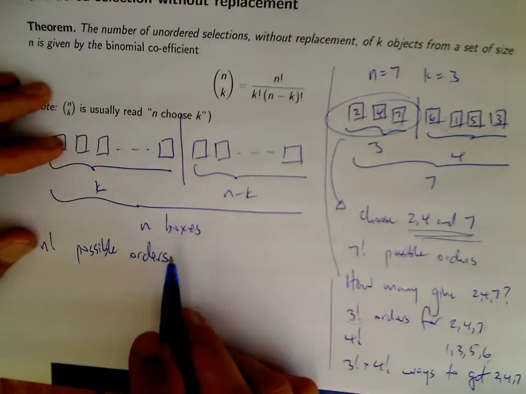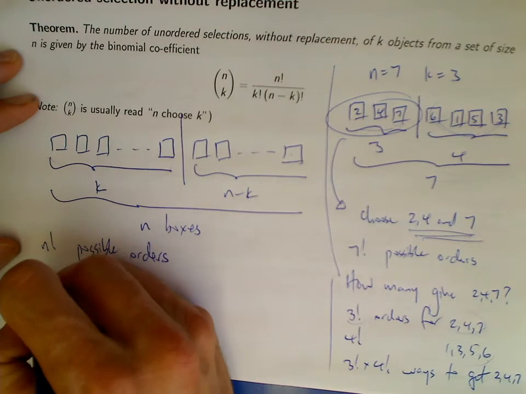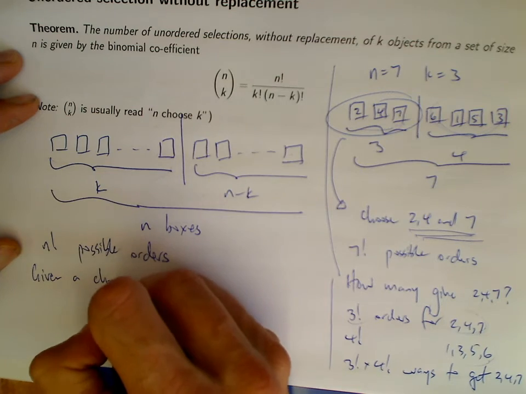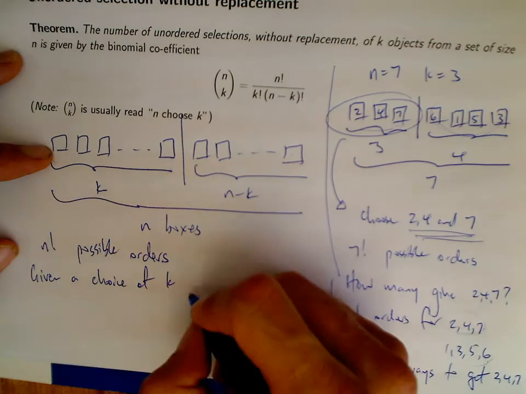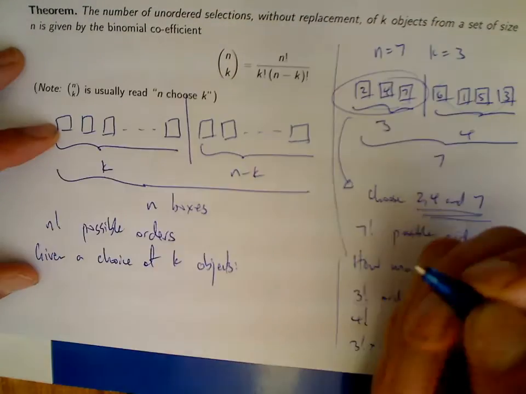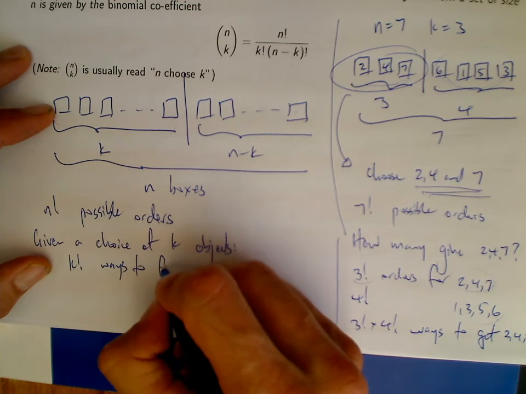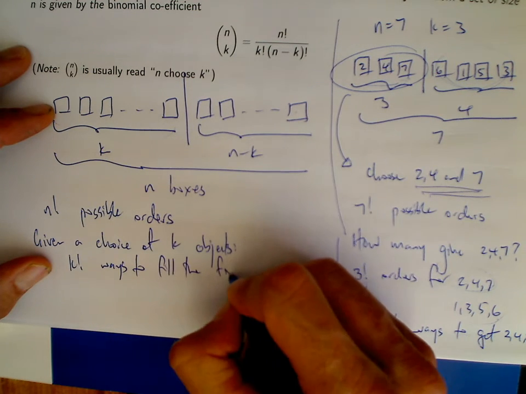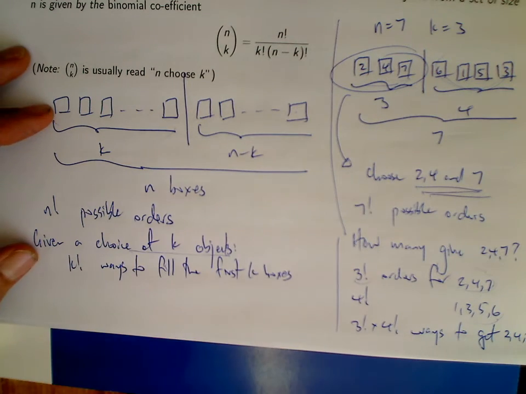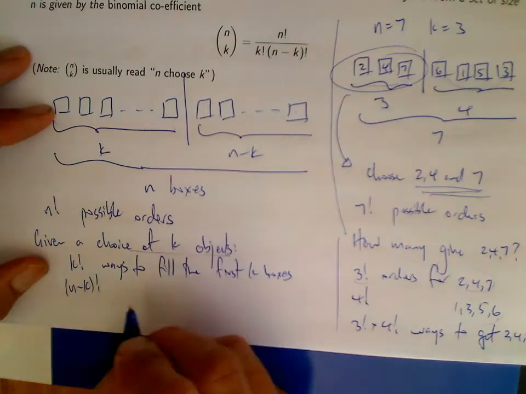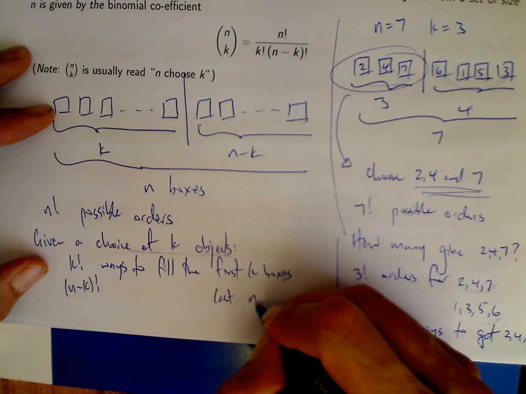Now, coming back over to the more general situation. Given a choice of k objects in the first k boxes, there's k factorial ways to fill in the first k boxes with that choice of k objects, and then there's n minus k factorial ways to fill in the last n minus k boxes.